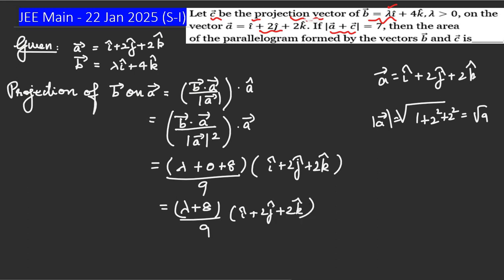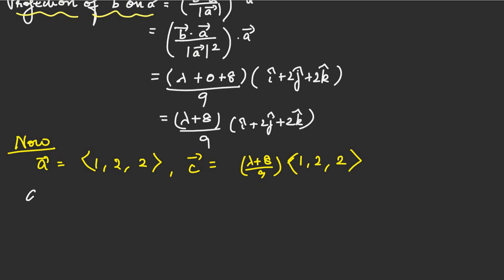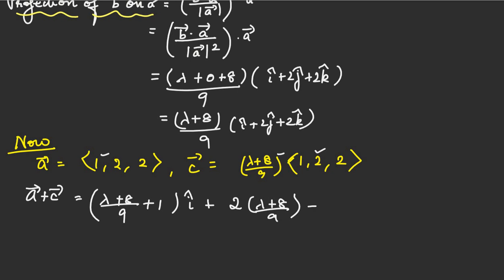Next, A vector plus C vector will be lambda plus 8 by 9 plus 1 into I cap, plus 2 times lambda plus 8 by 9 plus 2 into j cap, plus 2 times lambda plus 8 by 9 plus 2 into k cap.